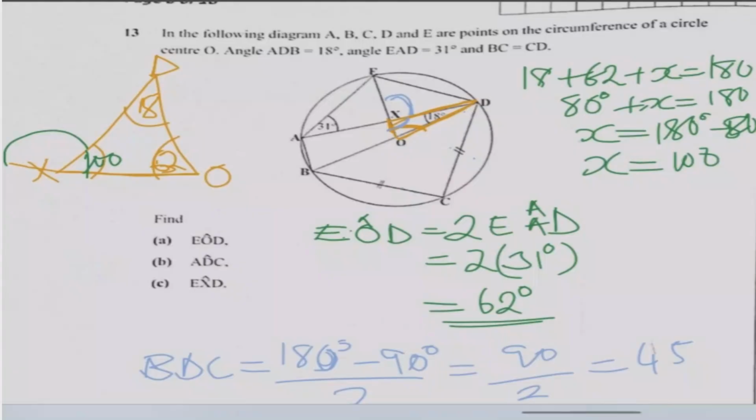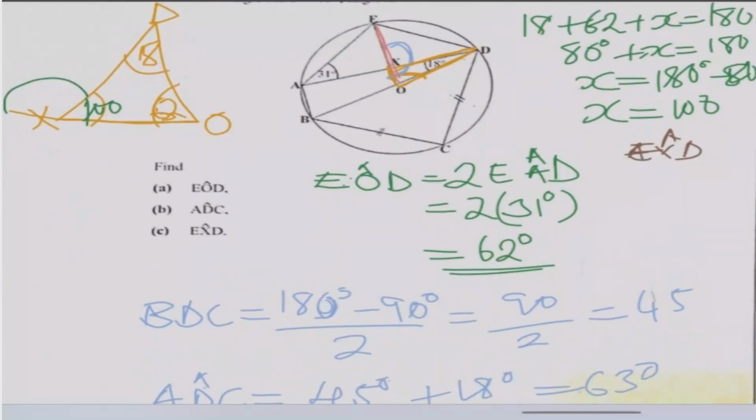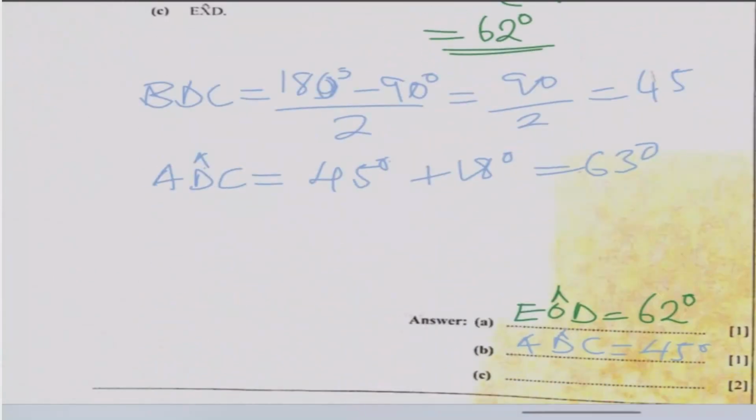Once we have found that angle, for us to find the value of angle EXD, let's go down and let me show you how. We're going to use the property that angles on a straight line add up to 180 degrees.